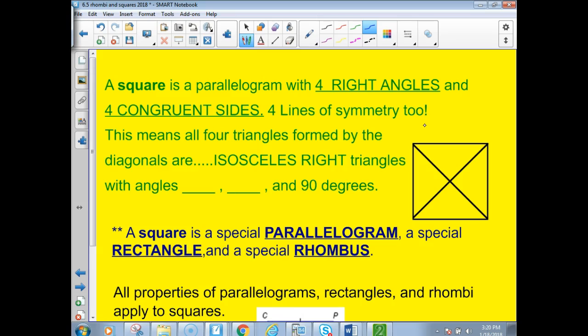So it's got 4 right angles. These are 45 apiece because the diagonals bisect those angles. The sides are all congruent. I'm going to double slash all the sides.